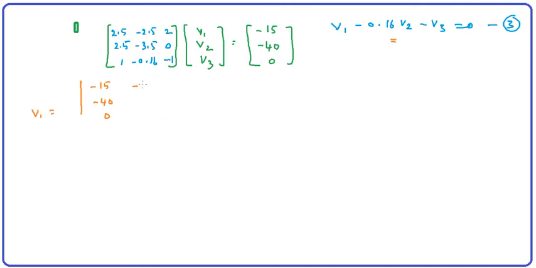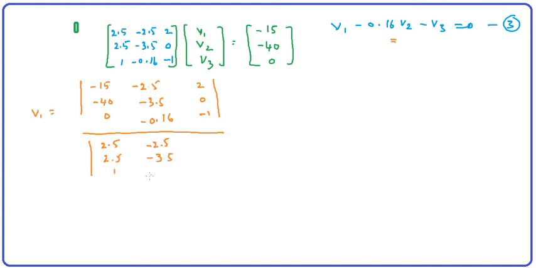So it is minus 2.5, minus 3.5 and minus 0.16, 2, 0 and minus 1, modulus, divided by the modulus of 2.5, 2.5, 1, minus 2.5, minus 3.5, minus 0.16, 2, 0 and minus 1. Now it is very easy to get the determinant based on the first column.